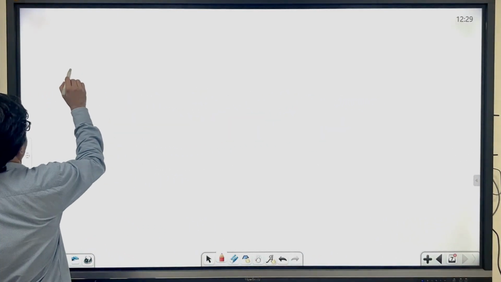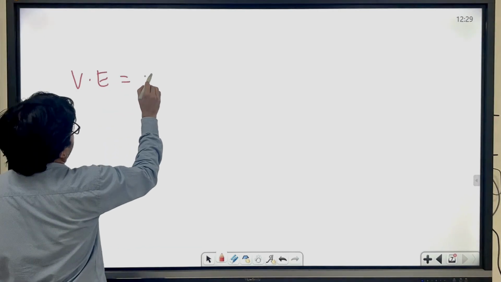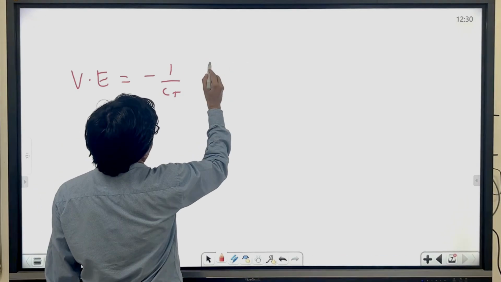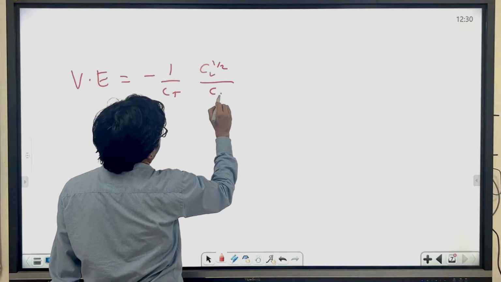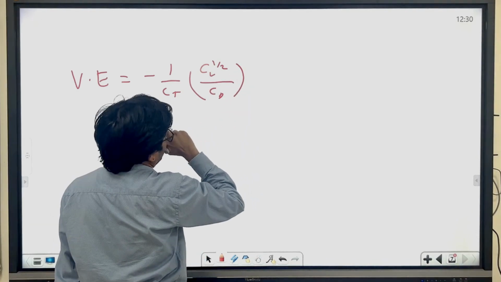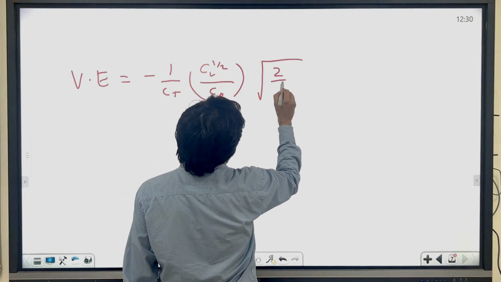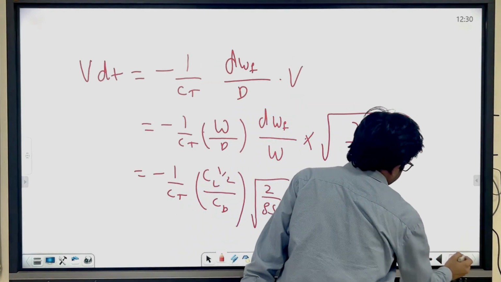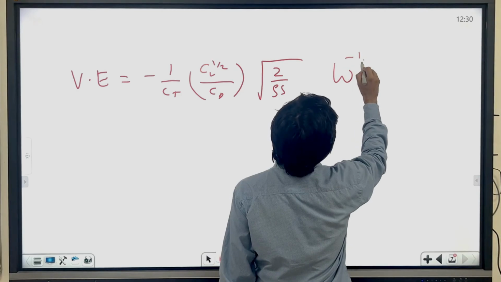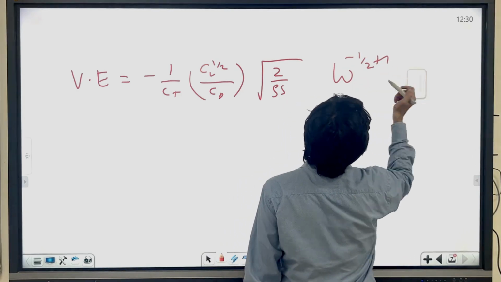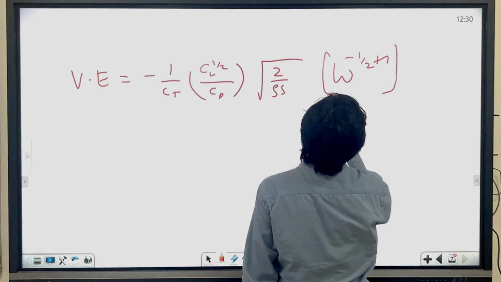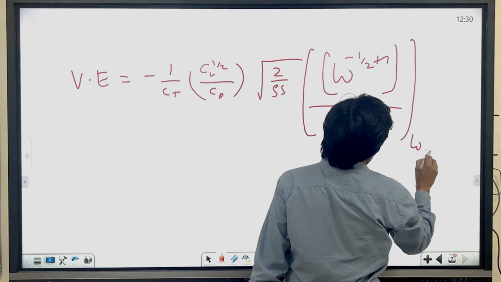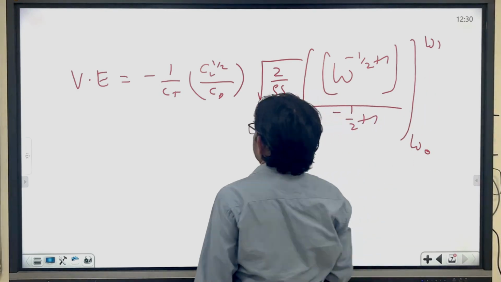So if you integrate, you will get V into E and 1 upon Ct Cl power 3 by 2 by Cd, and 2 divided by rho S, and this W power minus half plus 1, divided by minus half plus 1, and the limit will be W naught to W1.